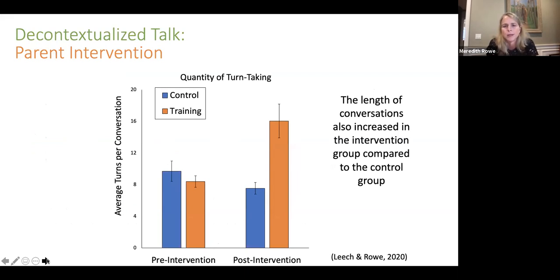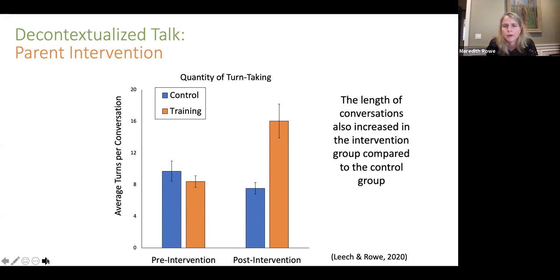And so what we did was for each family, we took their longest conversation at the baseline time and then their longest conversation, I think again at time 4 or 3, and counted how many back and forths there were. And for the training group at the post, they were up to 16 back and forths compared to 8. So these conversations are getting quite long.